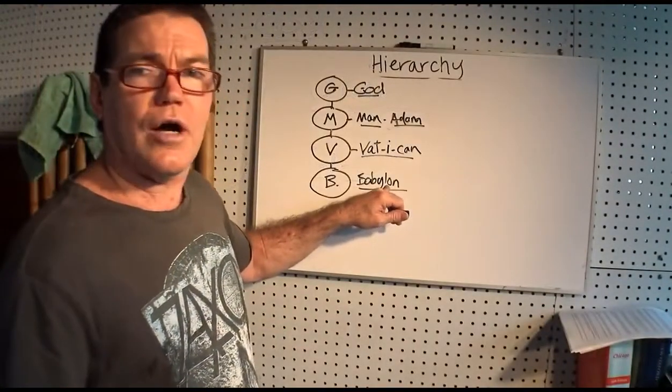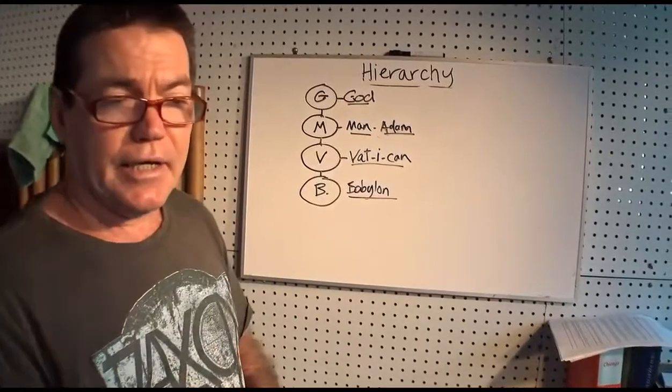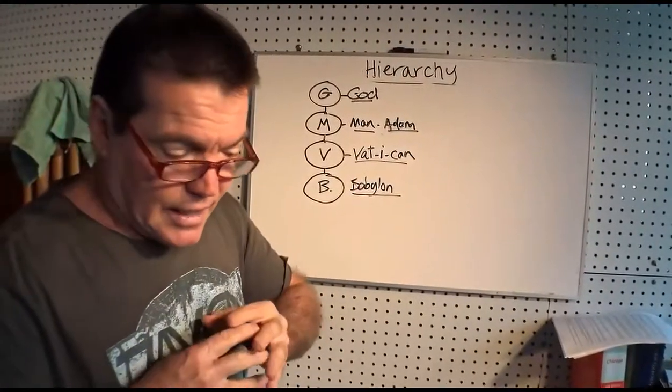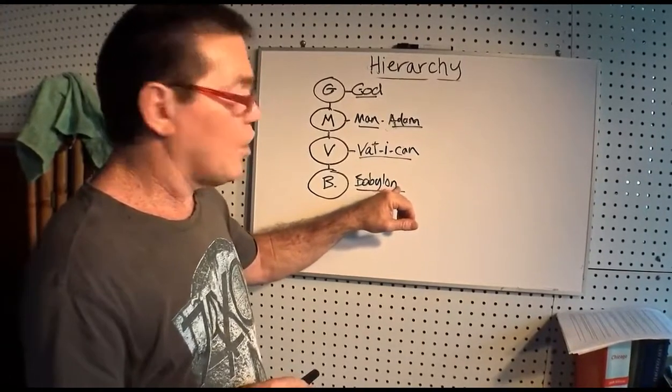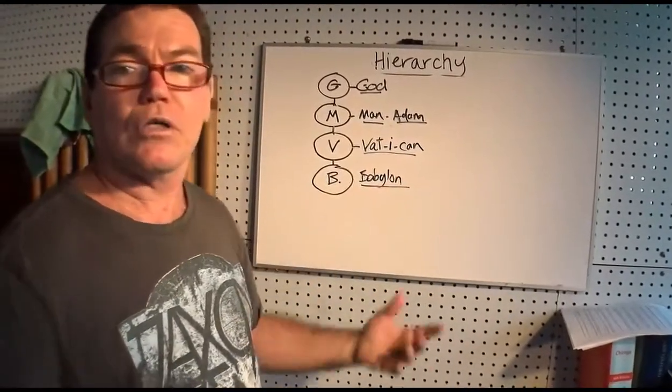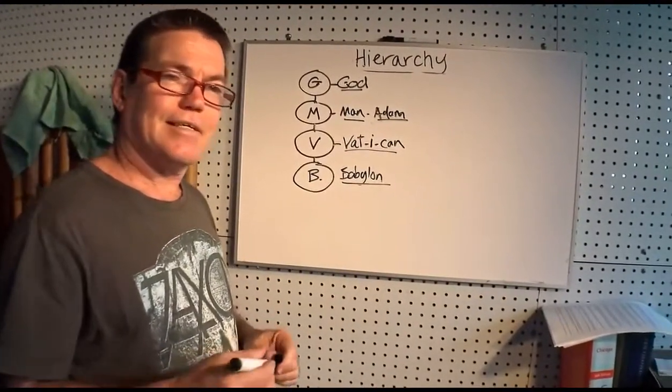Which means baby for a long time. That's what Babylon is. Baby and lon, L-O-N. In Latin, it's just child, and lon, L-O-N, means for a long time.